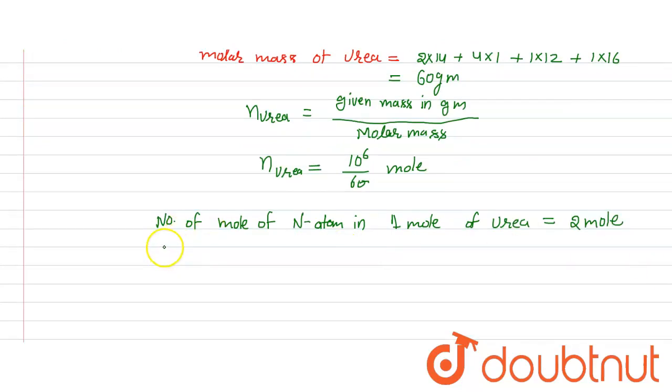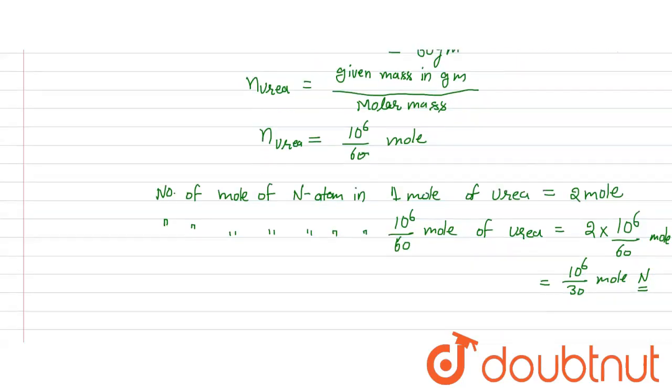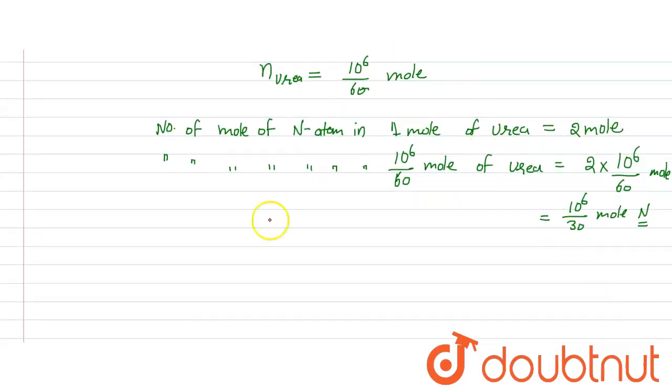So the number of moles of N atoms in 10 to the power 6 divided by 60 mole of urea is equal to 2 into 10 to the power 6 divided by 60 mole. So this is the number of moles, which is 10 to the power 6 divided by 30 mole of nitrogen.